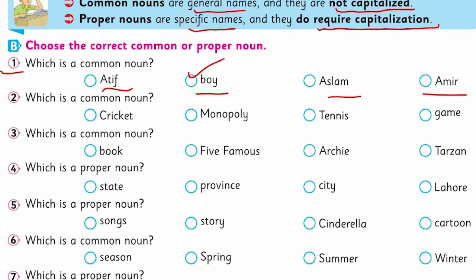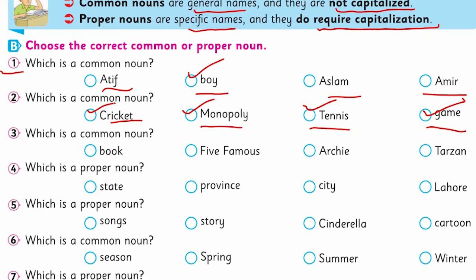Look at the second one, which is a common noun here? Cricket, Monopoly, tennis, game. Yes, game, because all of these are specific names of a game. Monopoly is one game, tennis is another, and cricket is another.